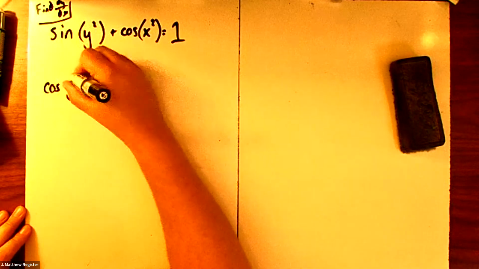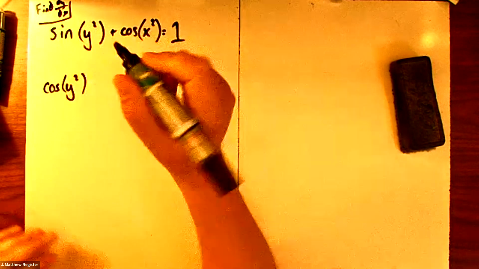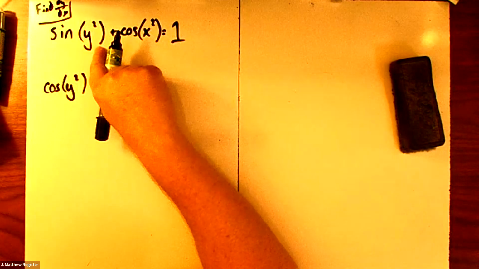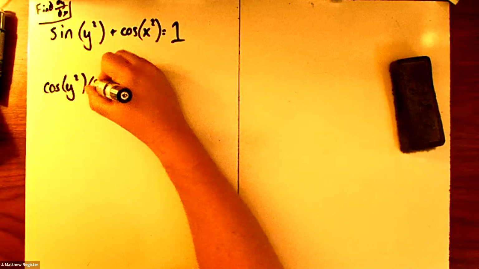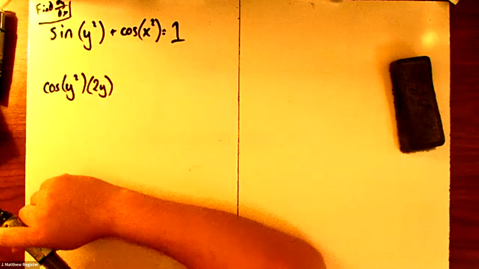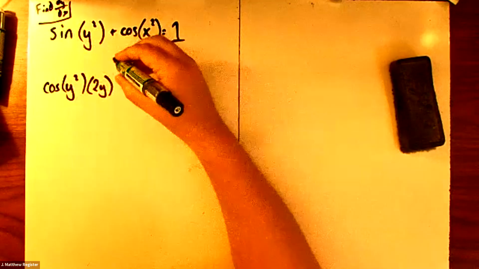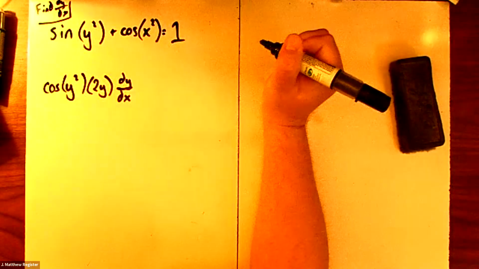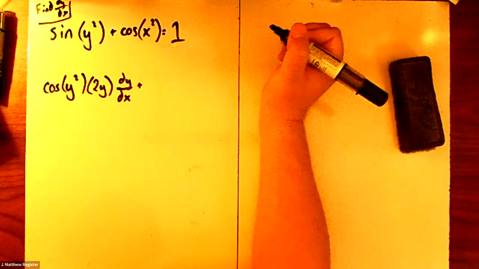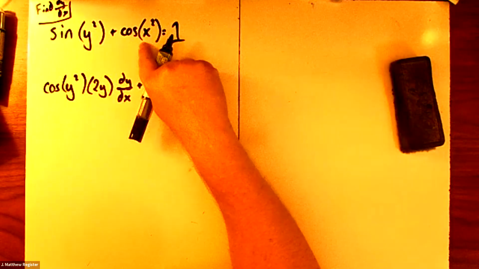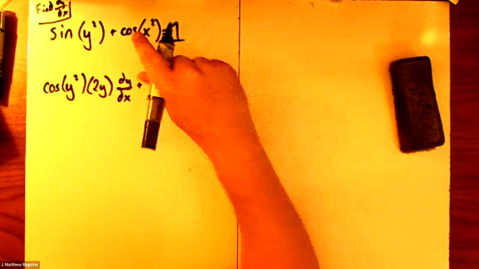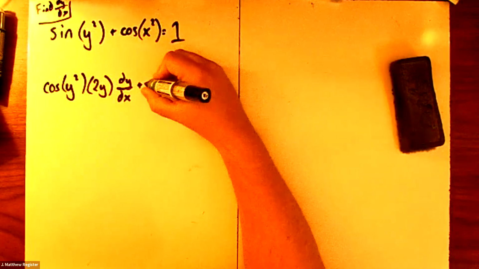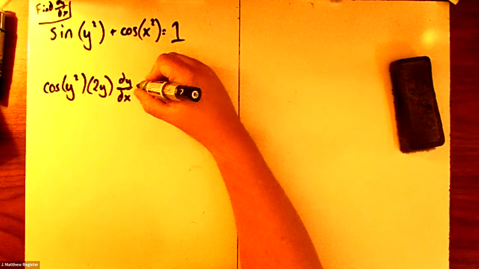So cosine of y squared times the derivative of y squared, which is 2y. Then times the derivative of y, which is dy/dx. Plus cosine of x squared, well, the derivative of cosine of stuff is going to be sine of stuff, but with a minus sign floating around.